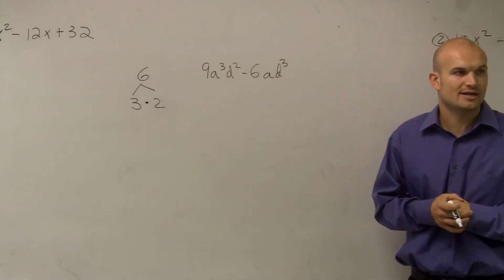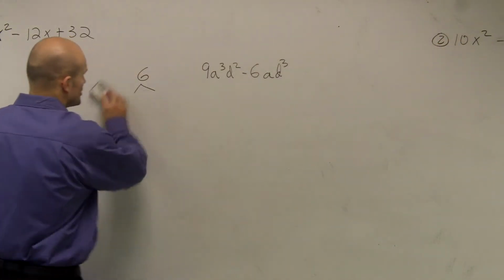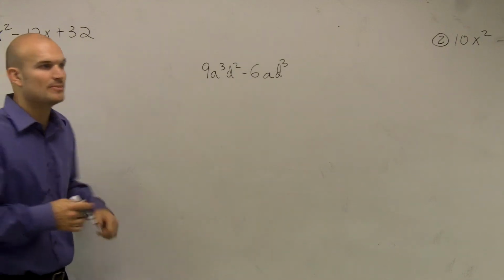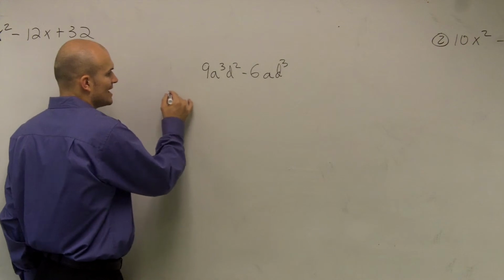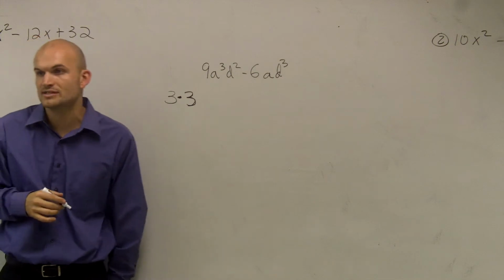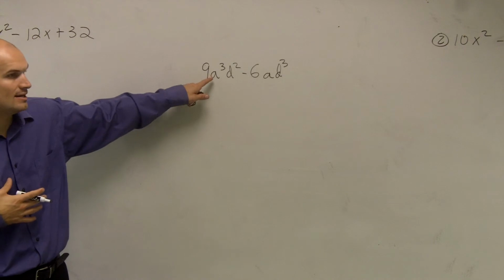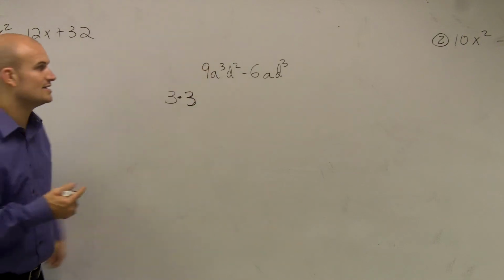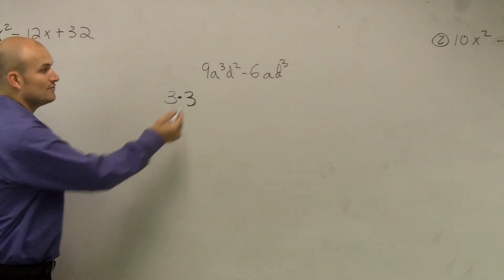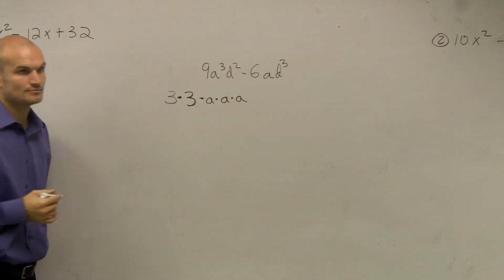There are a couple of ways to look at this, and if you get stuck, the best way, Nicolette, is to just factor each term. Let's factor 9. If I write it into its prime factors, I can rewrite it as 3 times 3. Then a cubed: can I break that down? Yes, a cubed is a times a times a.